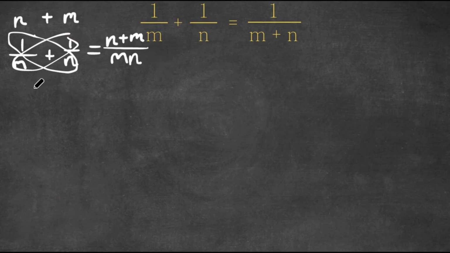So now we have n plus m over m times n is equal to 1 over m plus n.